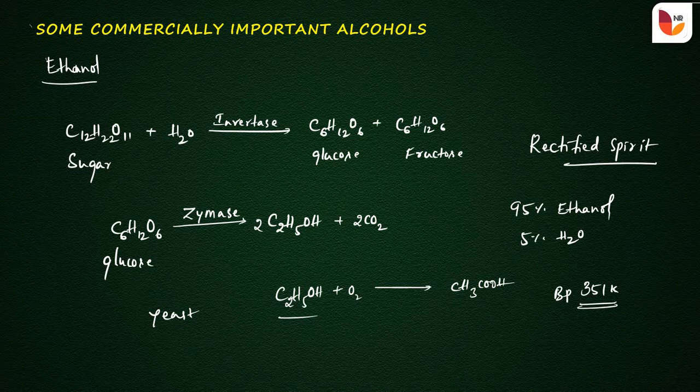It is used in the manufacture of dyes, synthetic drugs and detergents. And ethanol used for industrial purposes is made unfit for drinking by the addition of 5 to 10% of methanol. Generally ethanol is not poisonous, only methanol is poisonous. So in order to make ethyl alcohol unfit for drinking, 5% to 10% methanol is added to prevent the misuse of ethanol.